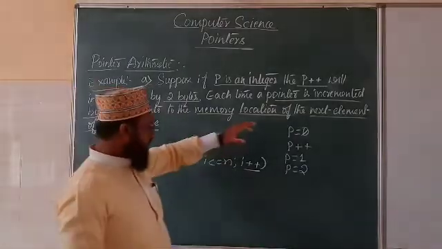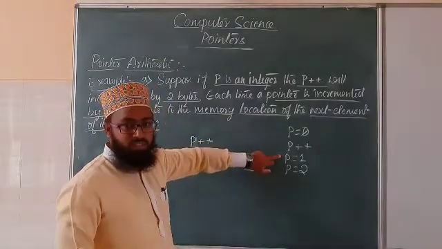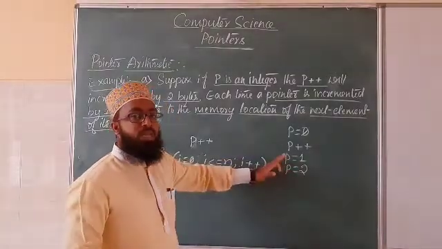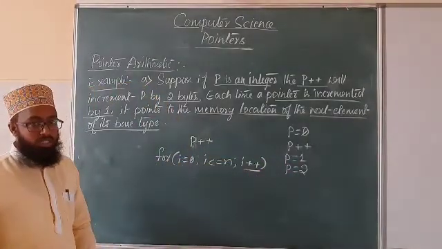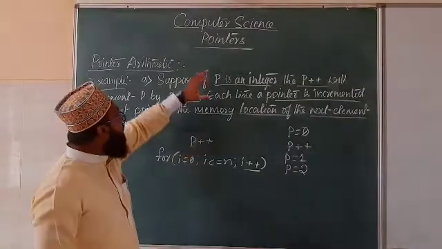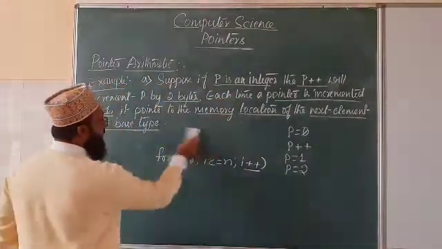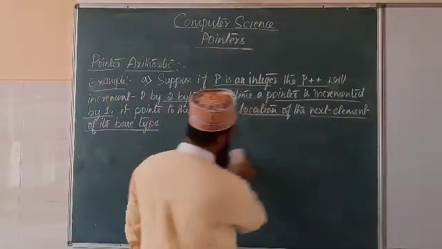If it is present in the first location, next it will point to the next memory location. Like this, the plus operator will operate. Come, we shall see the next point, how it works.